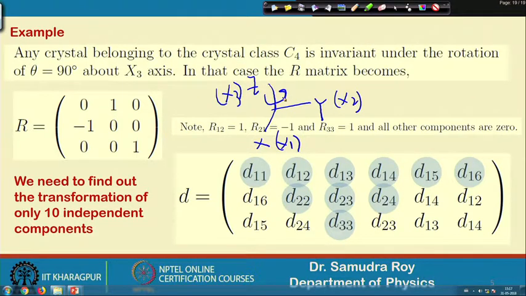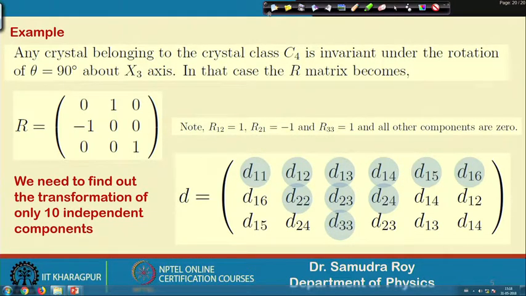Once the operation is given to us, first we need to find out what my R is here. That means we first need to find the symmetry operation matrix.